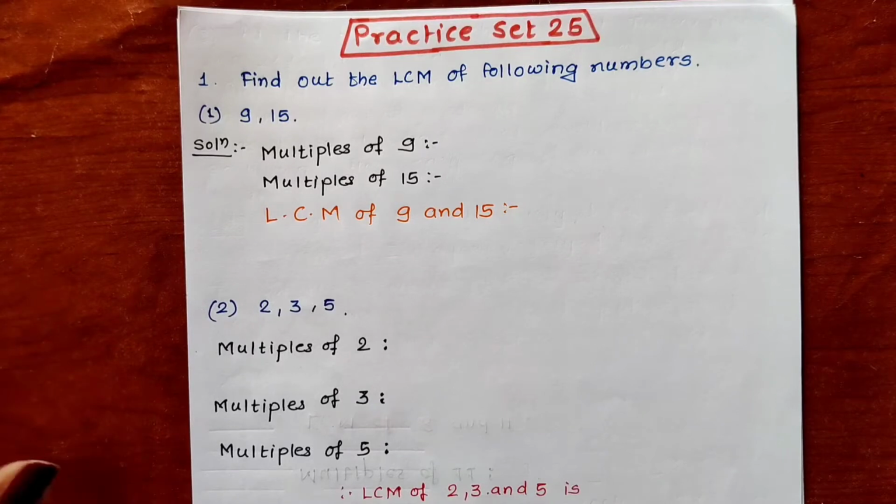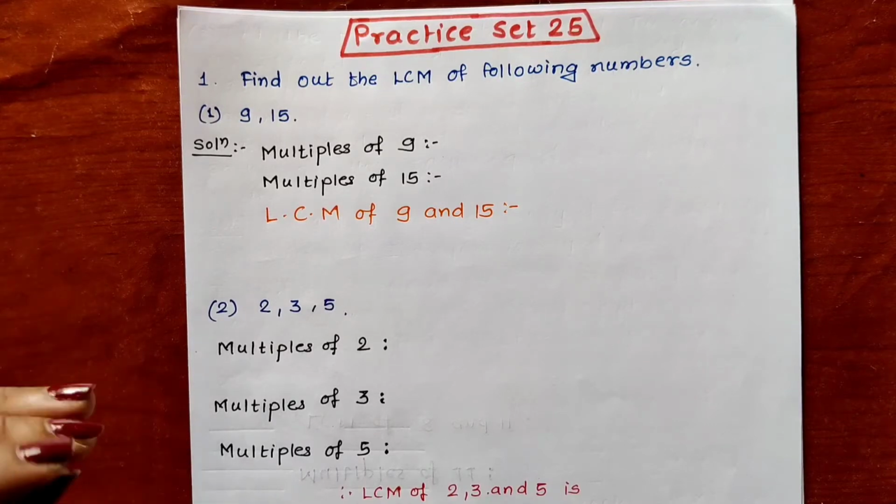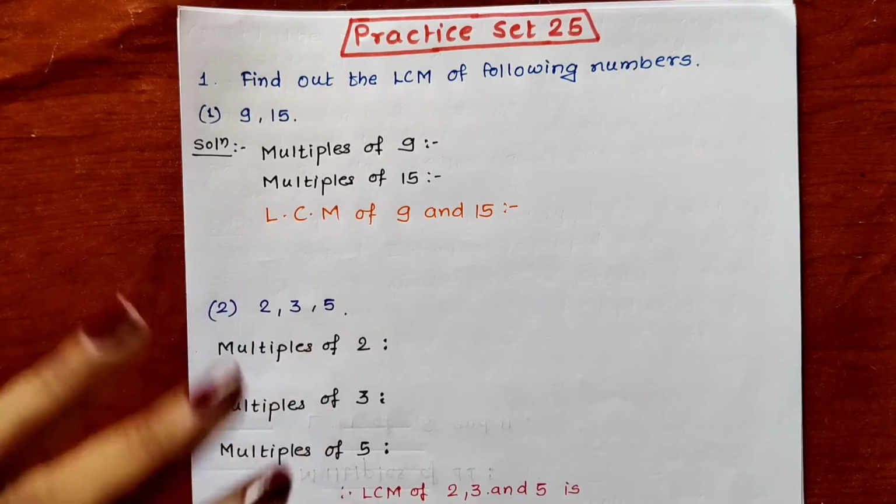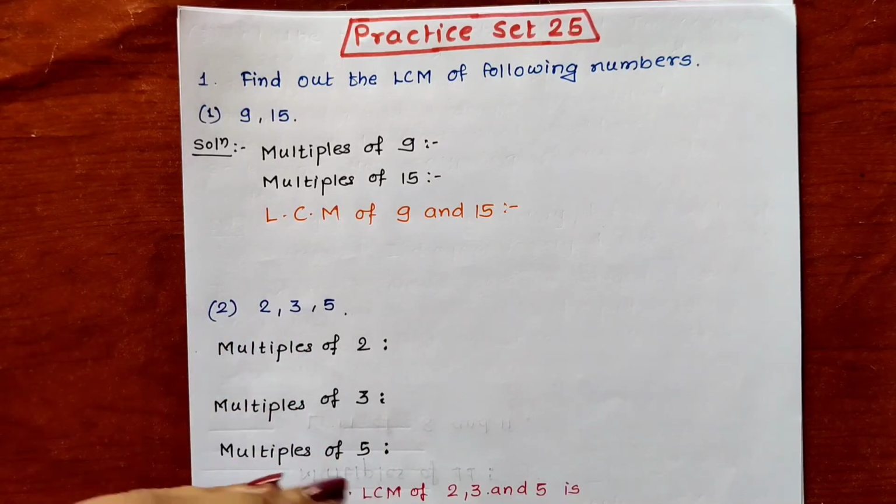We all know the tables till 10, like 2 tens are, 5 tens are. But sometimes we have to extend the table till 11s, 12s, 13s to find the lowest common multiple in a few examples.